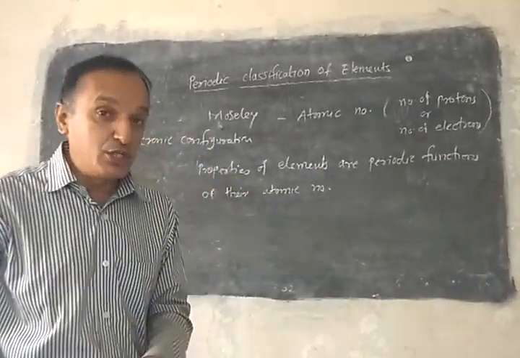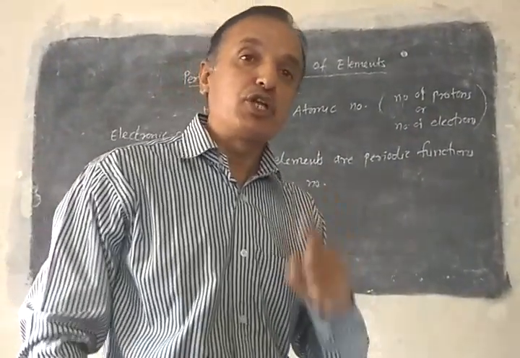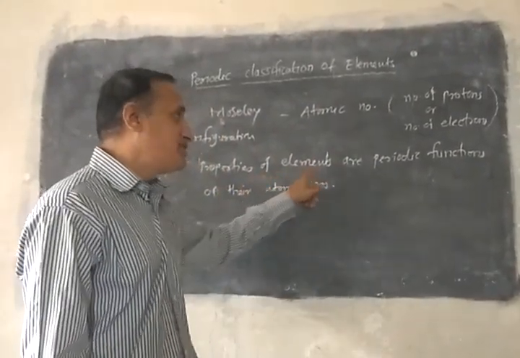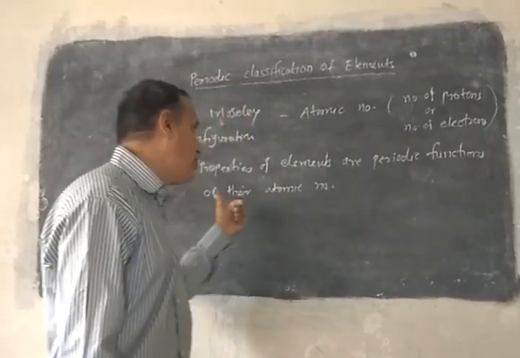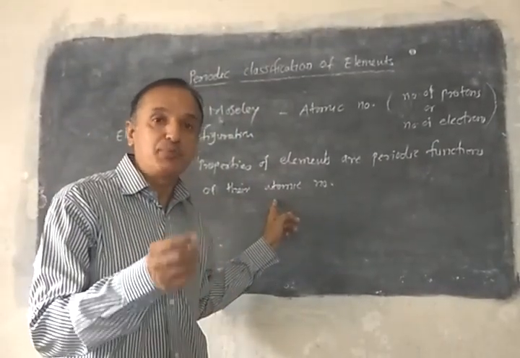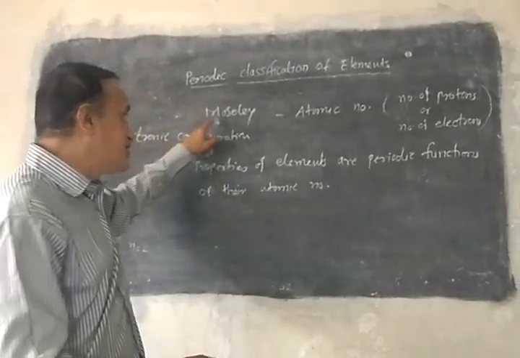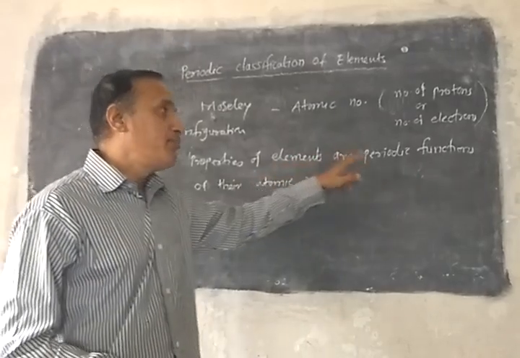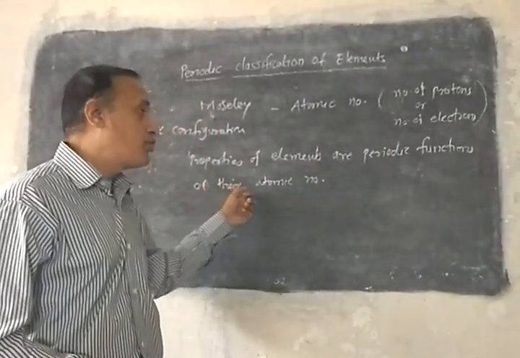See the Mendeleev periodic law. The only difference is here: properties of elements are periodic functions of their atomic masses. That was Mendeleev's periodic table and law. This is Moseley's law, the modern periodic law: properties of elements are periodic functions of their atomic number.